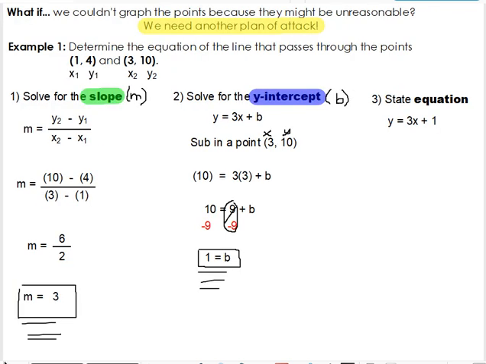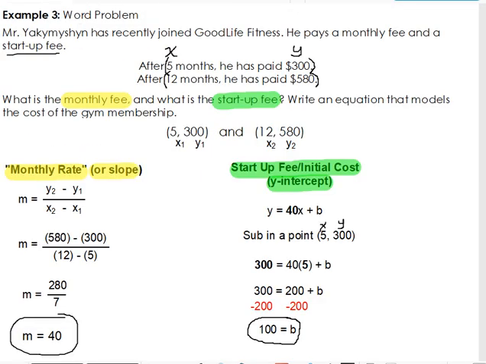I'd like you to have the formula for solving for the slope right in front of you as you're tackling these homework problems. And of course, there are going to be some word problems in the homework. I'd like you to think about the independent variable and the dependent variable.